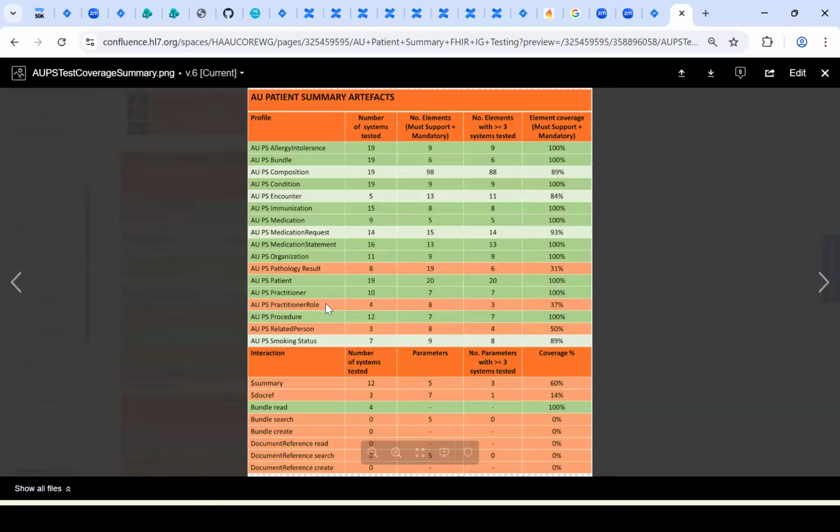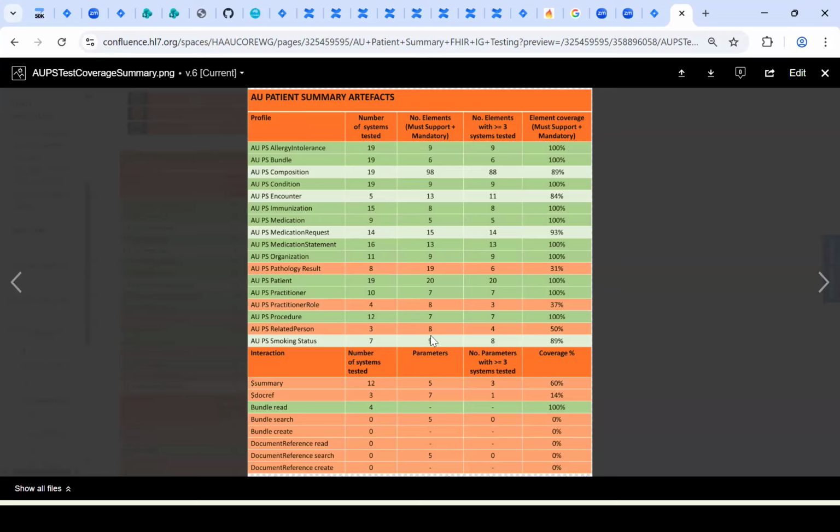But for now, we don't have official results around that. Pathology result, again, same thing, but the pathology result mark is really high. It's looking at things like reference range and all the others that we're inheriting as must supports from AU Core, and I'm not surprised that we aren't seeing all of that in a patient summary document.